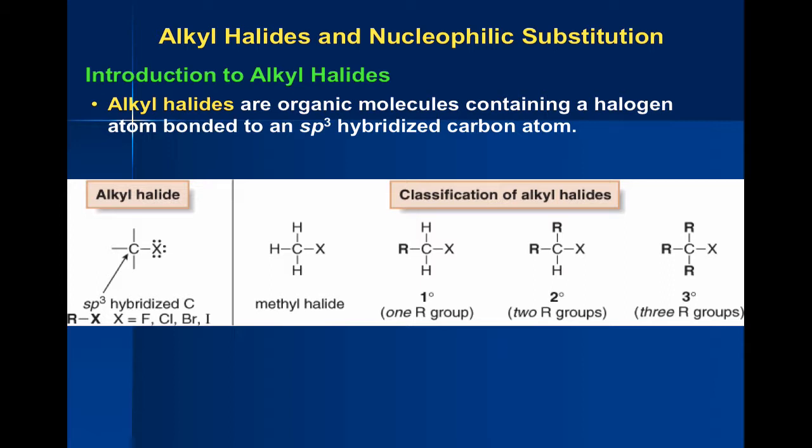You will need to be able to identify primary, secondary, and tertiary alkyl halides because they don't react the same. A tertiary alkyl halide undergoes one type of substitution, whereas a primary undergoes a very different type of substitution. Secondary alkyl halides can live in both worlds, and they will be your bane.